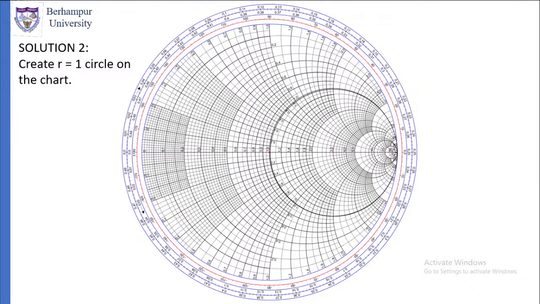This is what you have to do. If you have the Smith chart with you, put it like this. Then on this Smith chart, locate the R is equal to 1 circle.